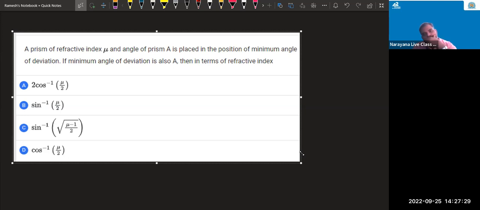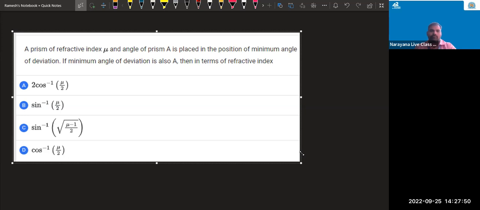What they're asking to find is the minimum angle of deviation, in terms of refractive index. He's asking A only.